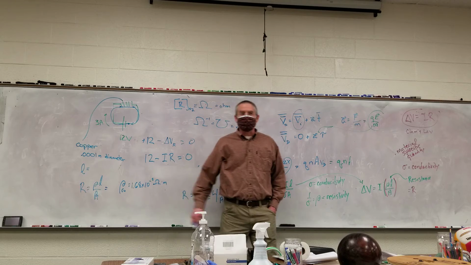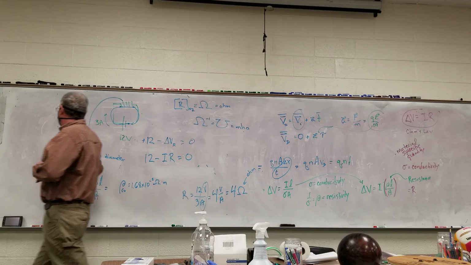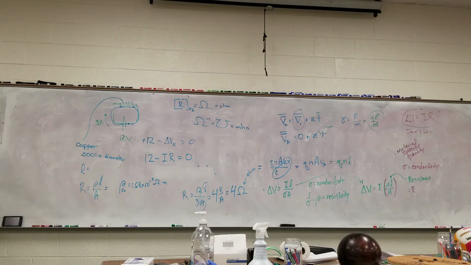If I know the diameter, I can find the area here. I am assuming that the wire that they're using here is basically a cylinder. So my area is 1/4 pi d squared, or pi r squared if you want to divide by 2 to begin with.